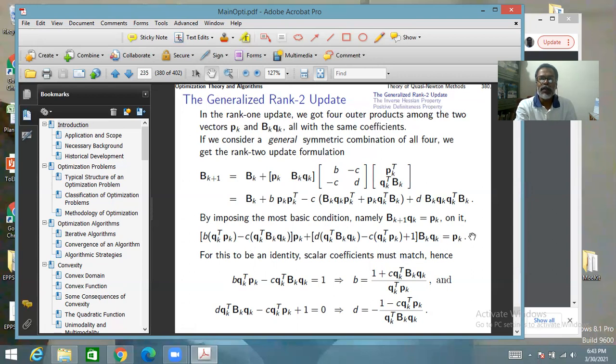On one side, the coefficient of Bk qk is 0, and on the other it is this much, so these two should be 0. From here, we can solve for b in terms of c, and from here, we can solve for d in terms of c. So both b and d get expressed in terms of c. So one free parameter remains.